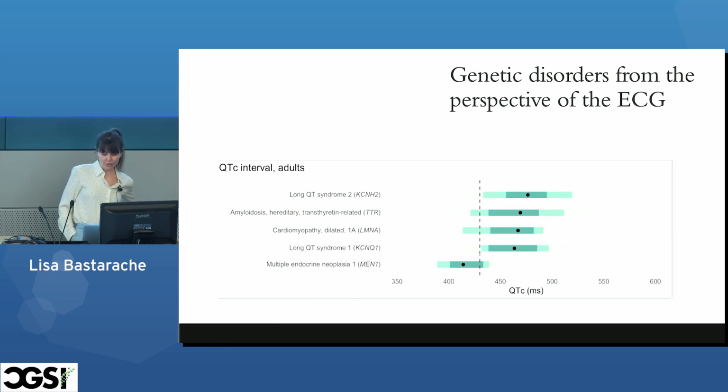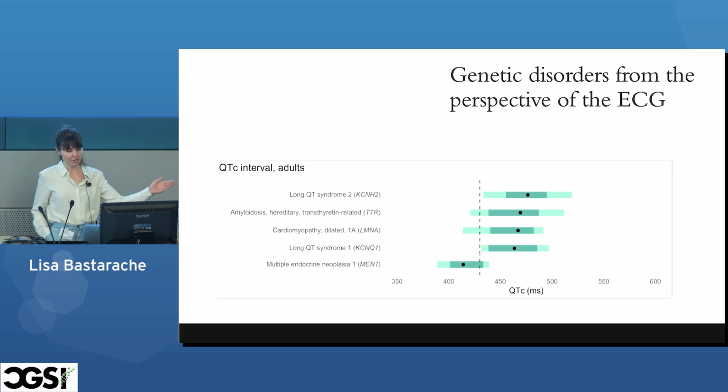But then I looked it up in HPO. There are a couple of diseases, I think Brugada syndrome and short QT, that are associated with a shorter QT, but also multiple endocrine neoplasia type 1 is also known to have a shortened QTc. So this is actually a replication, which I think is really exciting.